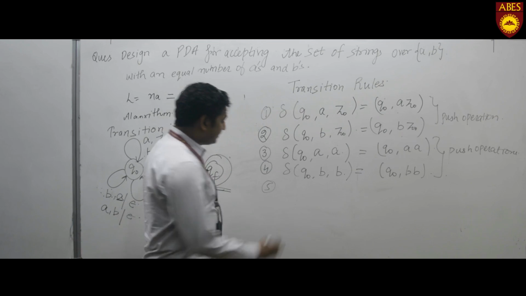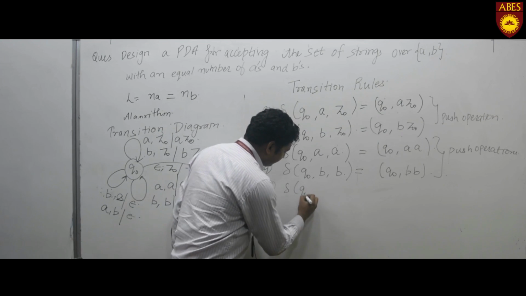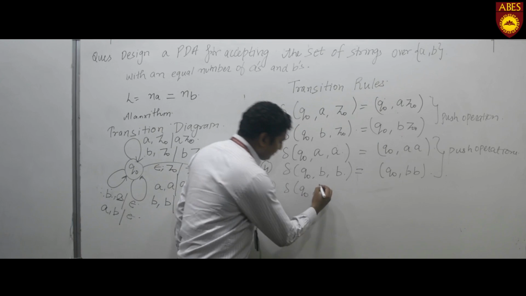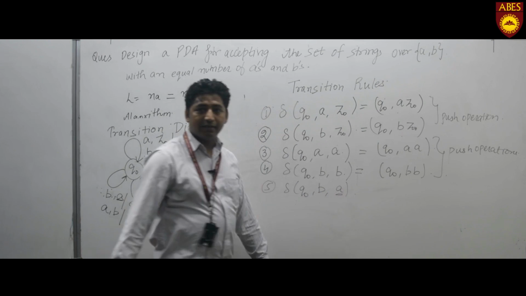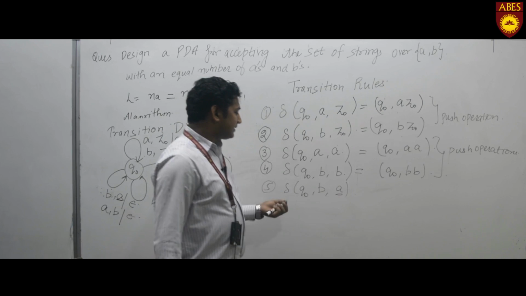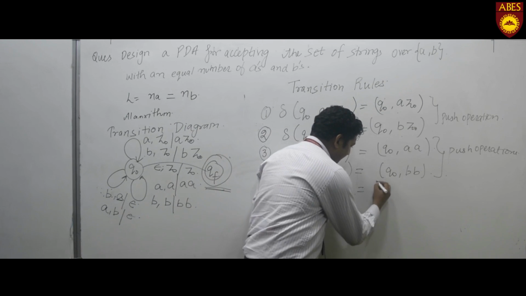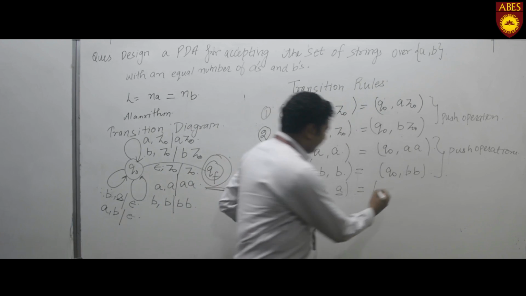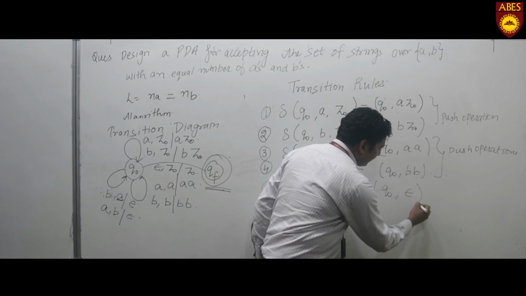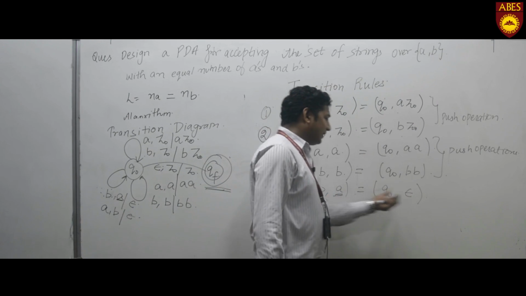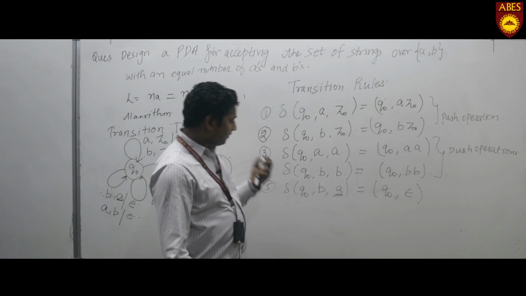Next, another condition we can have is we have state Q naught and the input symbol is B and the top of stack is A. So for this we will apply a pop operation and we will move to state Q naught and this A will be removed by epsilon. A will be replaced by this epsilon.